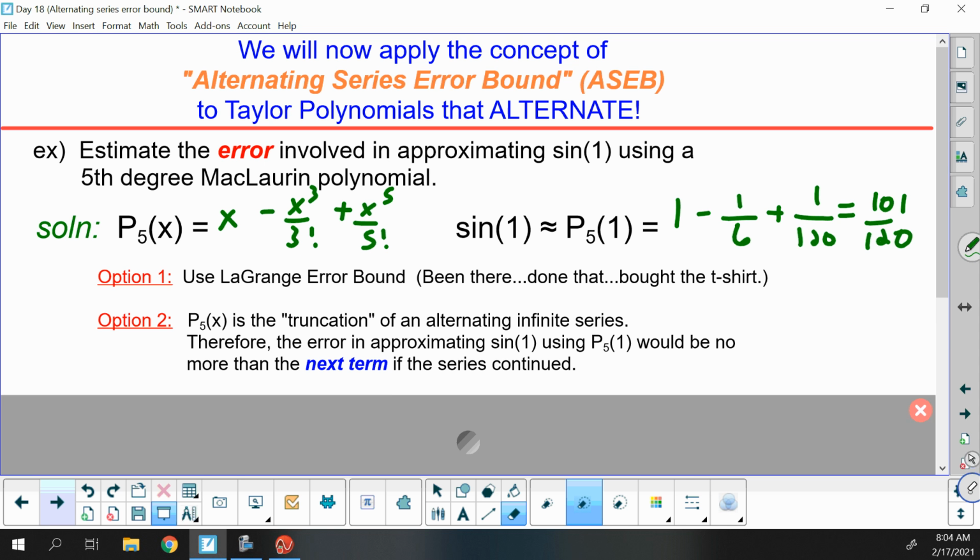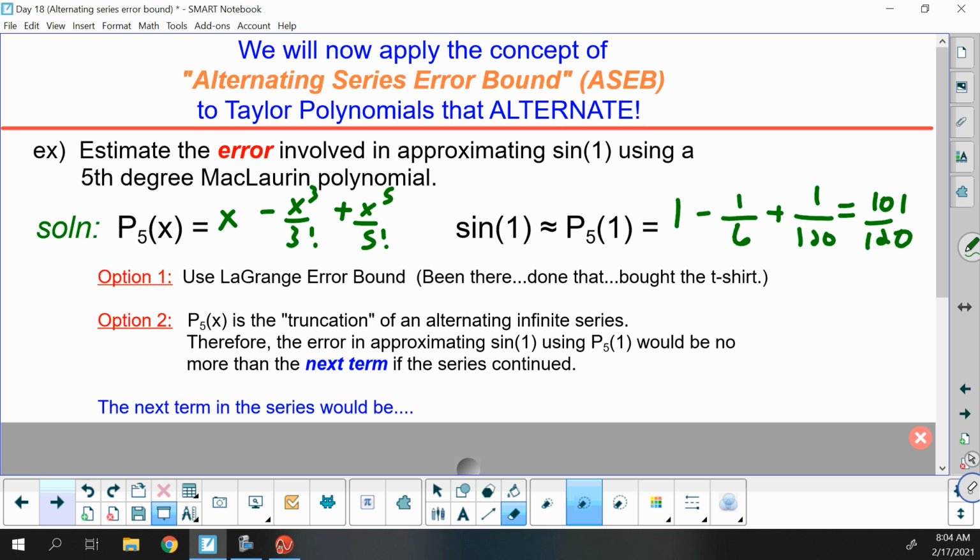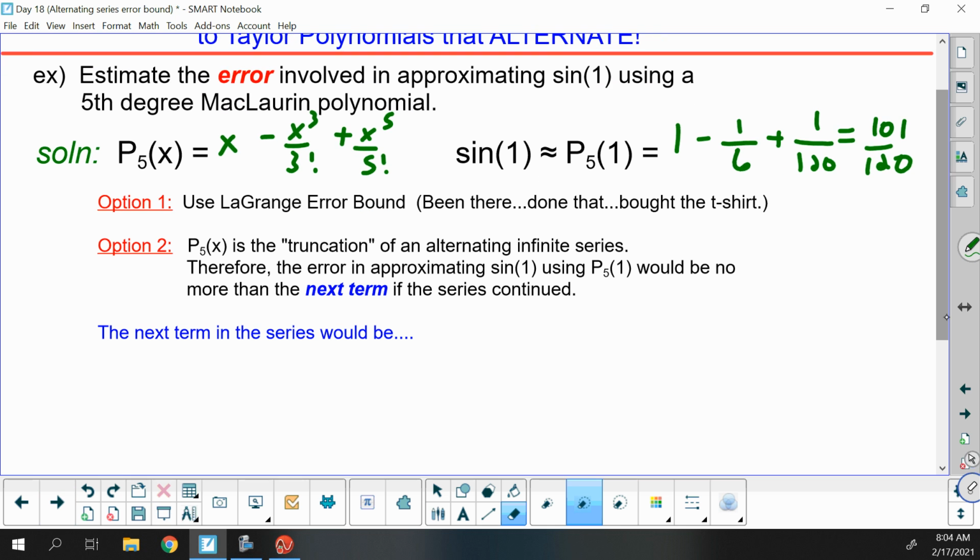Well, now we want to find the error. So you could use Lagrange, but Lagrange tends to be more challenging. This is alternating, so we can use alternating series error bound. So our remainder, our error, is less than or equal to the absolute value of our next term. For us, the next term would be our 7th degree term, so it would be 1 to the 7th over 7 factorial.